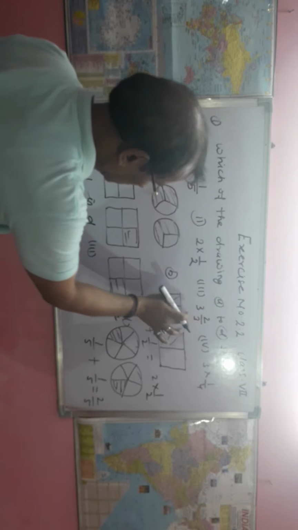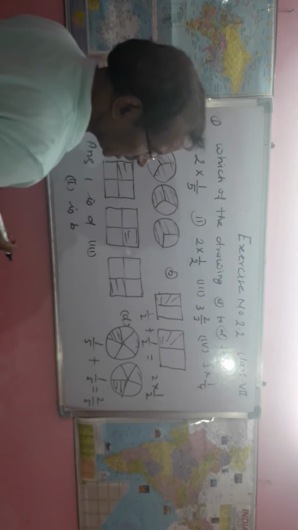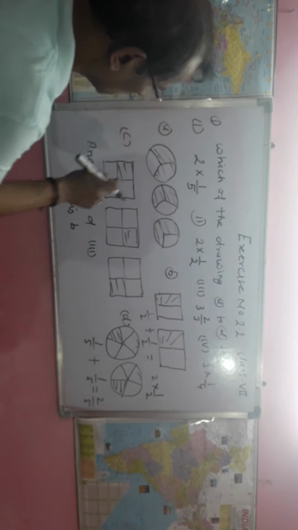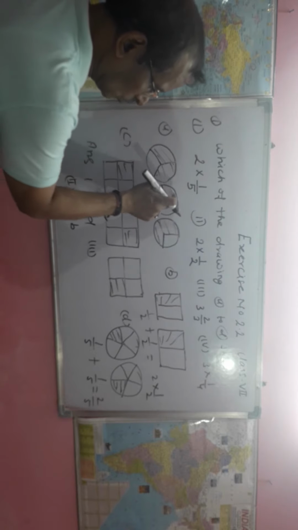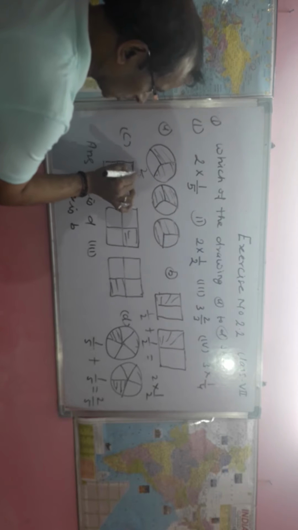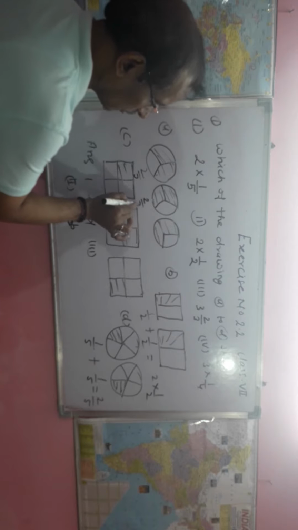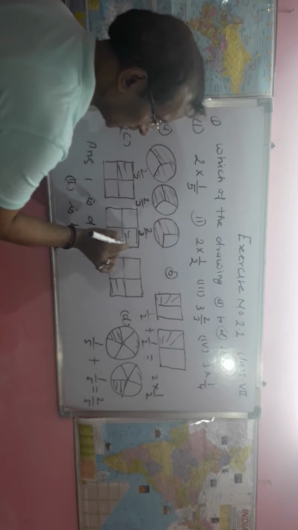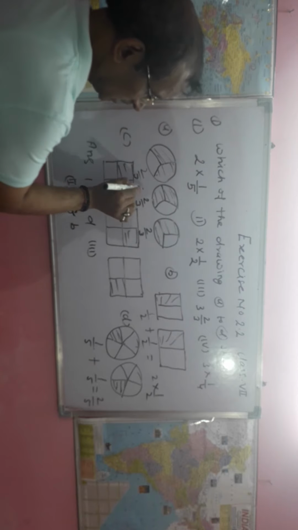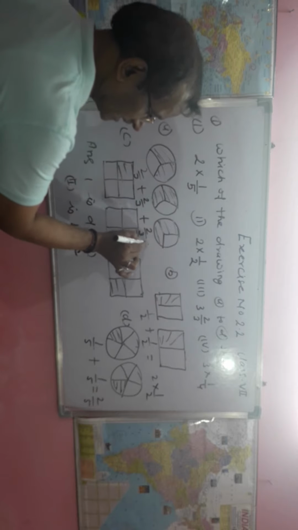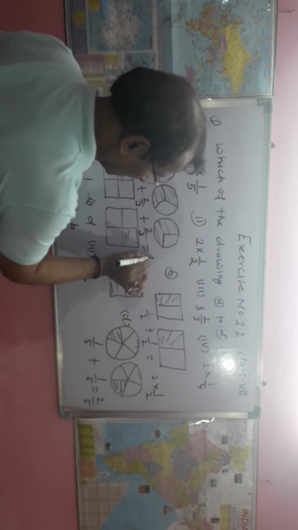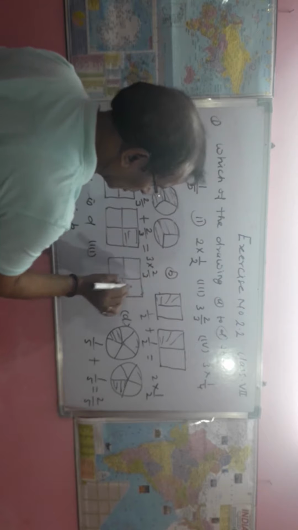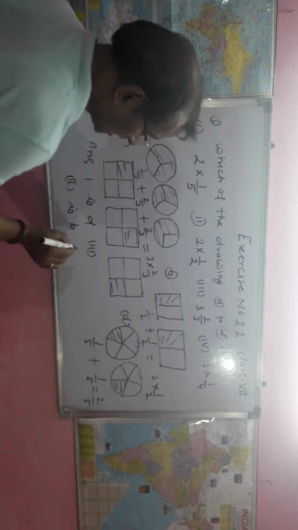3 into 2 upon 3. 2 upon 3, 2 upon 3, 2 upon 3, and these are 3. Therefore, we add these, then we get 3 multiplied by 2 upon 3. That is the answer.